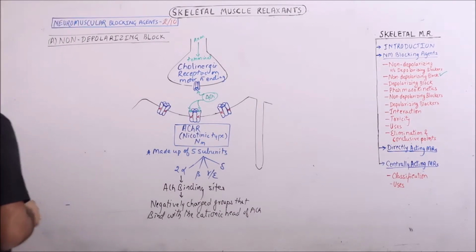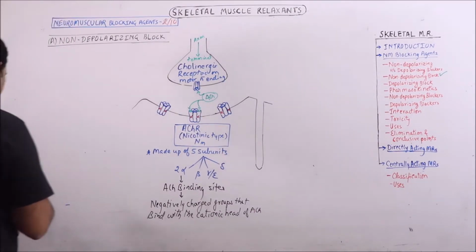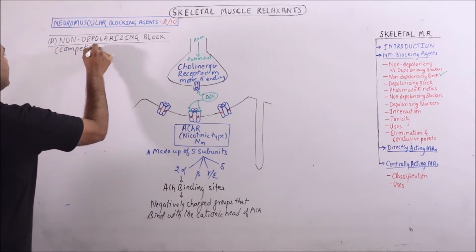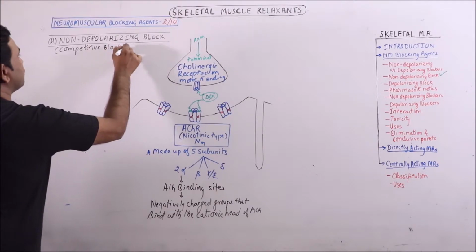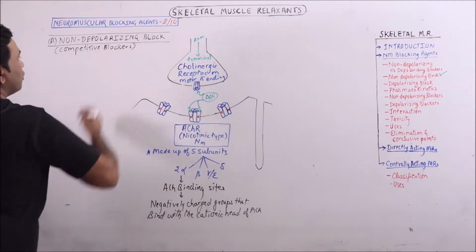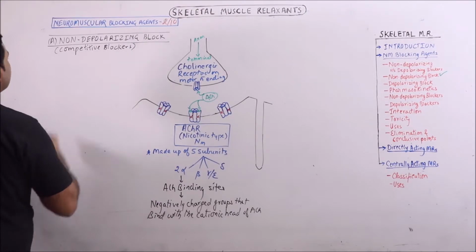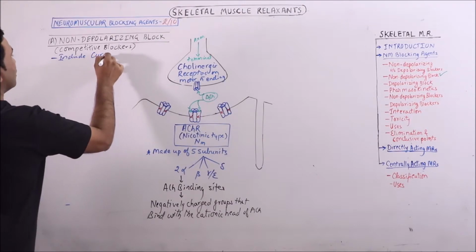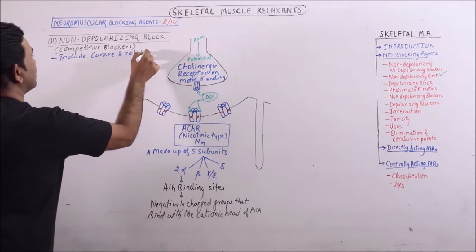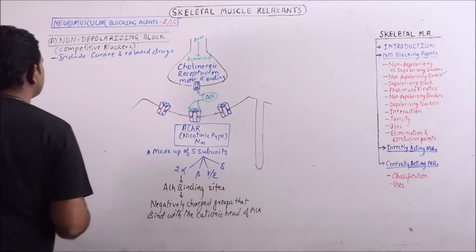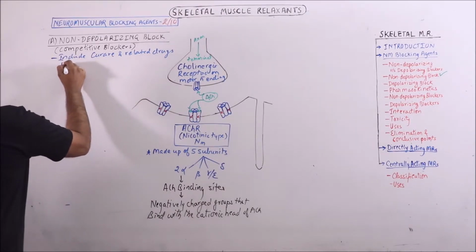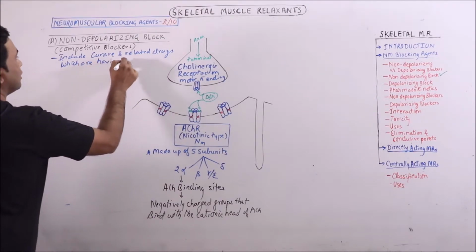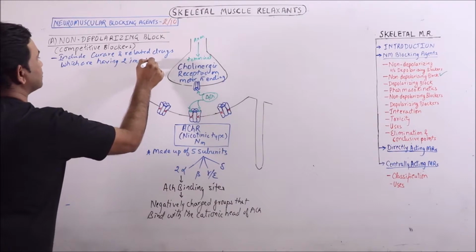Now, what will be the mechanism of non-depolarizing block? Such block is done by competitive blockers. Such molecules are known as competitive blockers. These include curare and related drugs, which are having 2 important features.